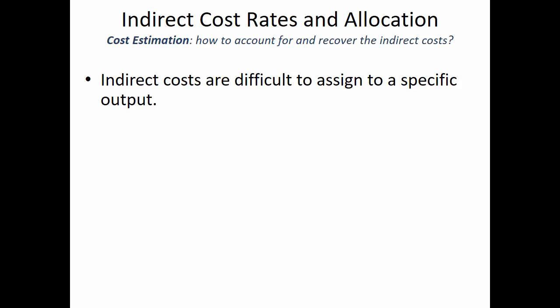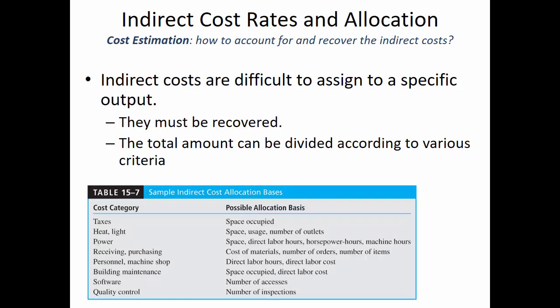Recovering the indirect costs, we can do by applying a factor on top, like we did in the recent in-class example, and the money that's collected there would go towards the taxes, the heat, the power. But if you have a really large organization and you're trying to figure out how much indirect cost you need to recover, you could look at a basis for allocation.